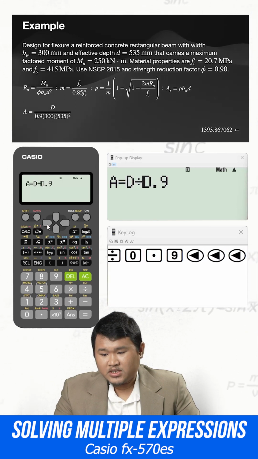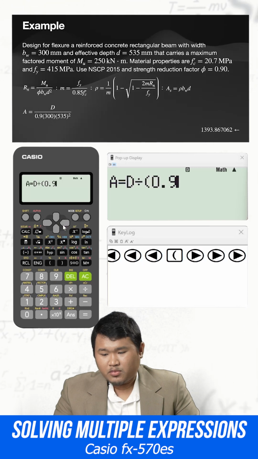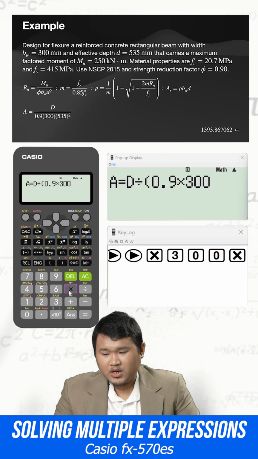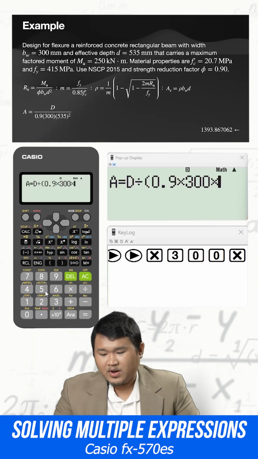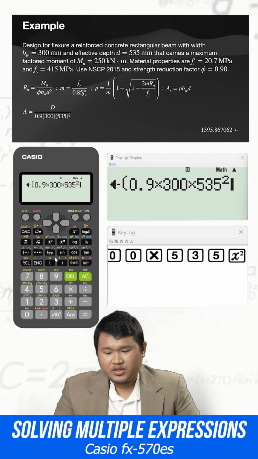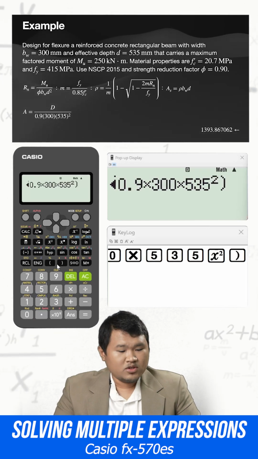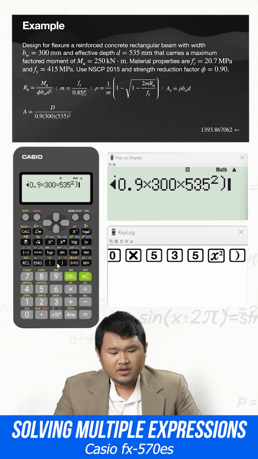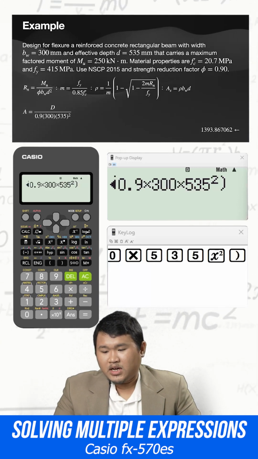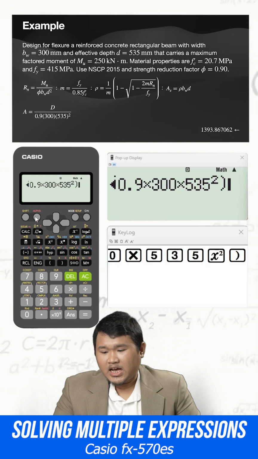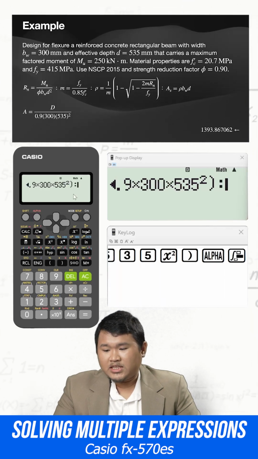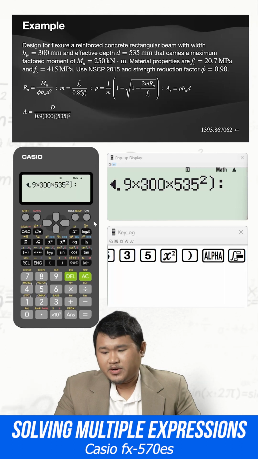Let's put parentheses just to make sure. 0.9 times 300 for bw, and then for d, we have 535 squared. So we now have the first expression. Next, for the colon symbol in this formula, we need to press alpha and then the integral key right here. You will get the colon operator.